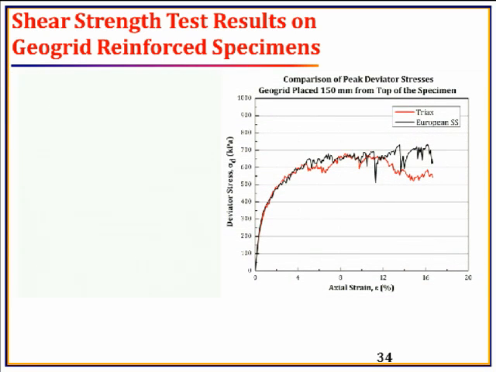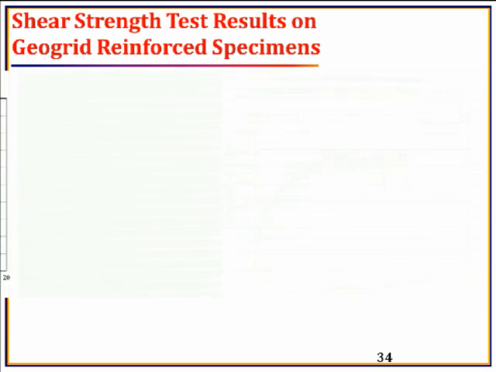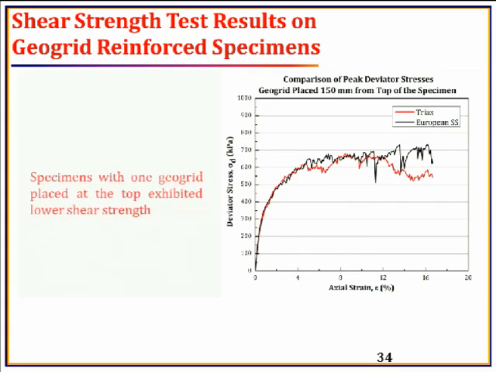Similar trend was also found in case of the 150 millimeter from top of the specimen. And among these 3 specimens with only one geogrid, you can see that the one that is 150 millimeter from top of the specimen had comparatively lower strength compared to the other 2 one-geogrid specimens.